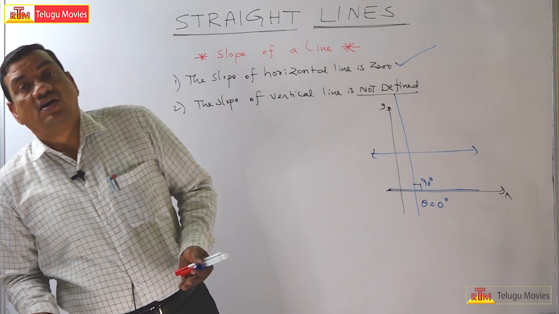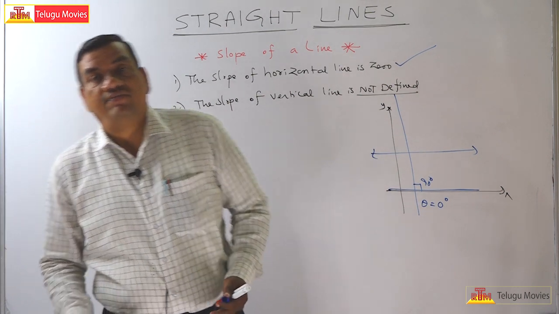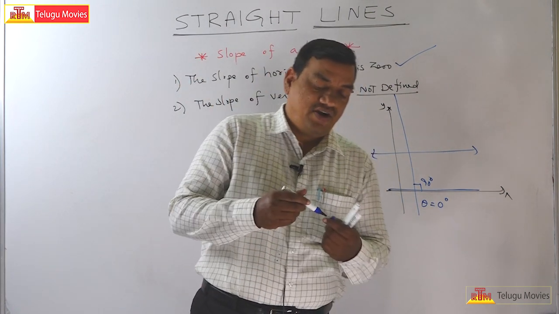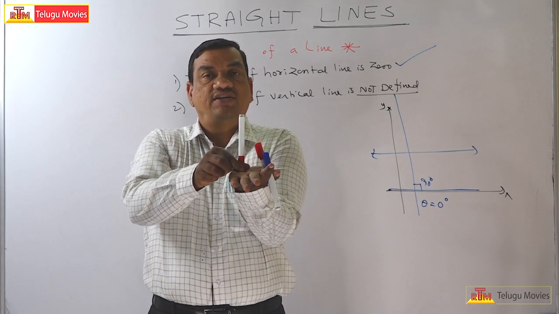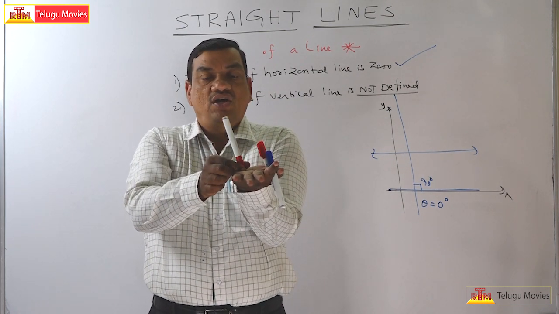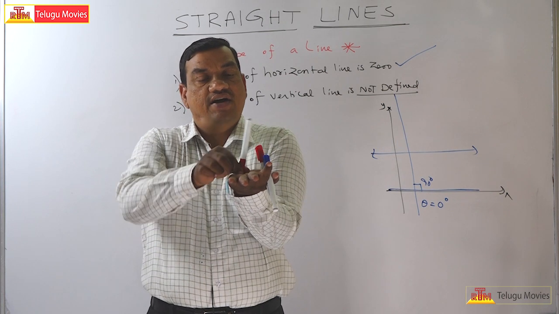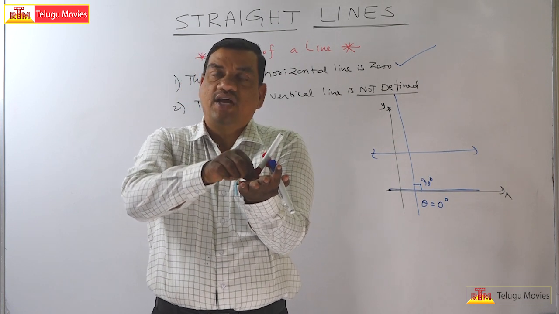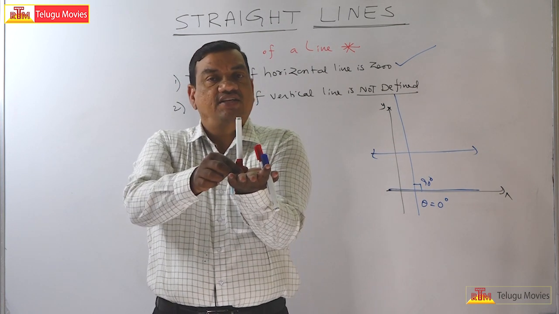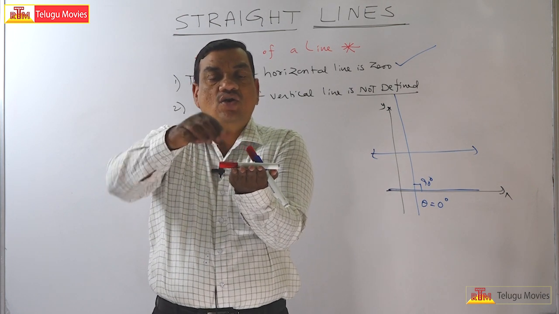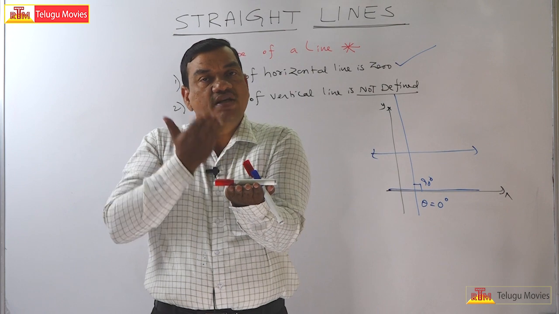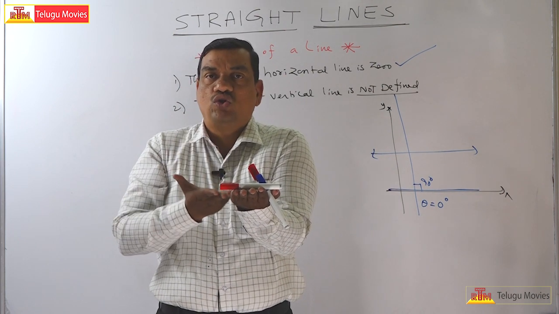If it is somewhat like this, we can define. If a line is standing vertically like this, can you define its slope? It is not at all defined. If it is like this, yes, we can define. If it is vertical, we cannot define its slope. If it is horizontal, we can say its slope is 0.